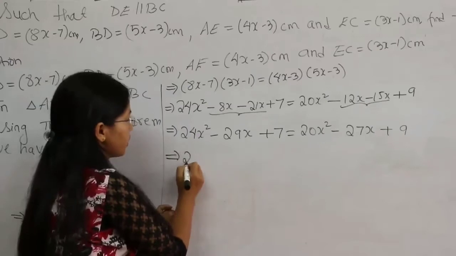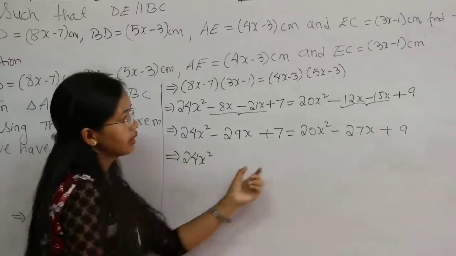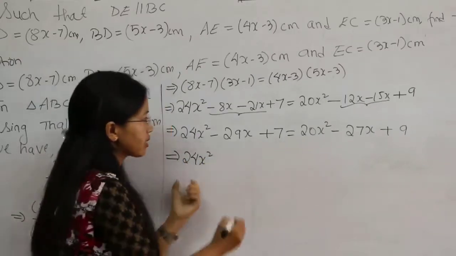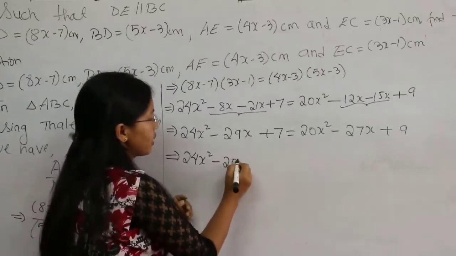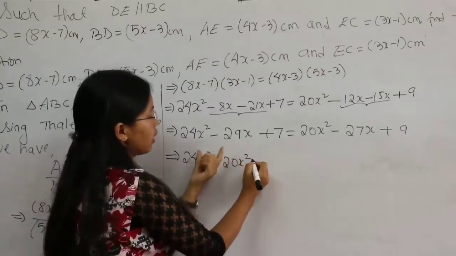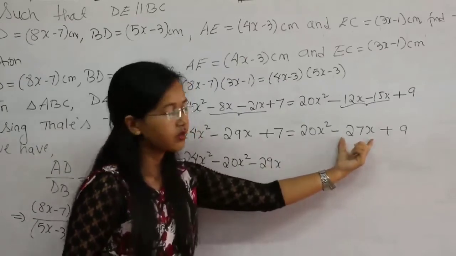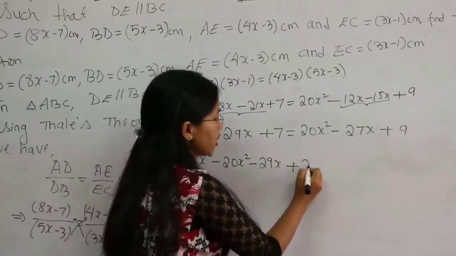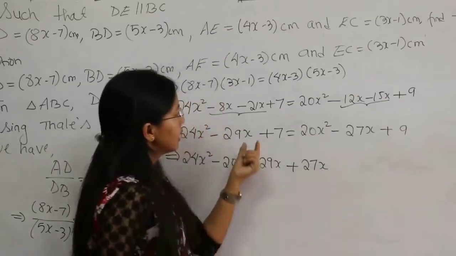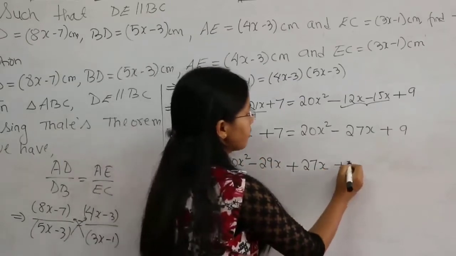Here 24x square. Carry 20x square to the other side, it will change to minus 20x square. Then come minus 29x. Carry minus 27x to the other side, it will change to plus 27x. And now plus 7.